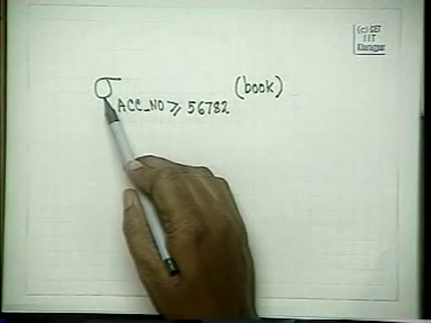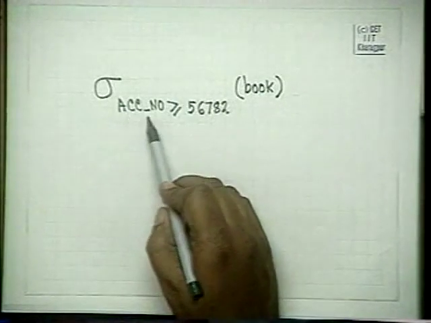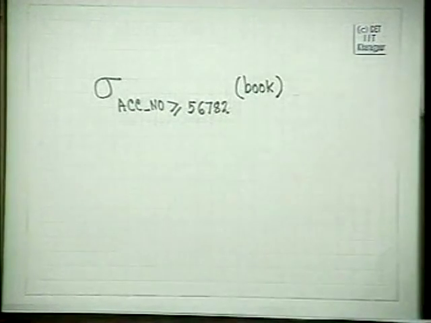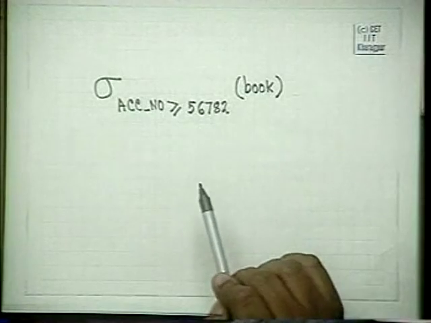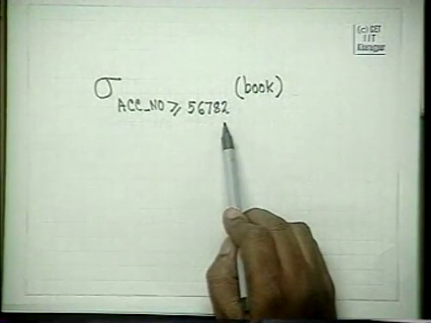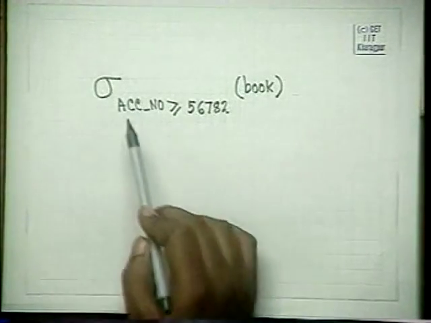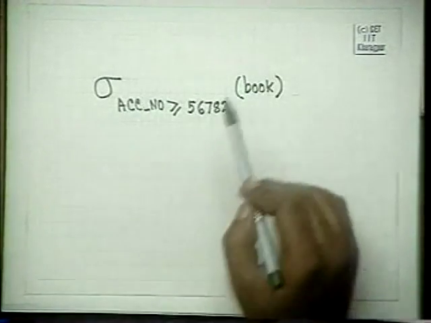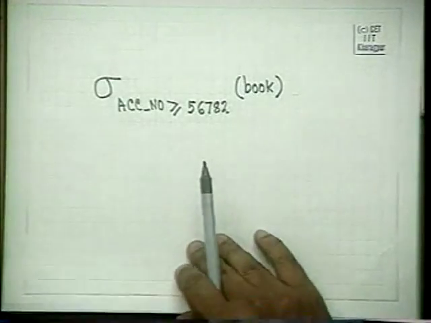Now this says select all books whose attribute accession number is greater than equal to 56782. Therefore, in the book relation, it will find out all those books which have got accession number greater than equal to 56782, and it will return another relation which has got only those books, and the attributes of the returned relation will be same as the attributes of the argument relation.